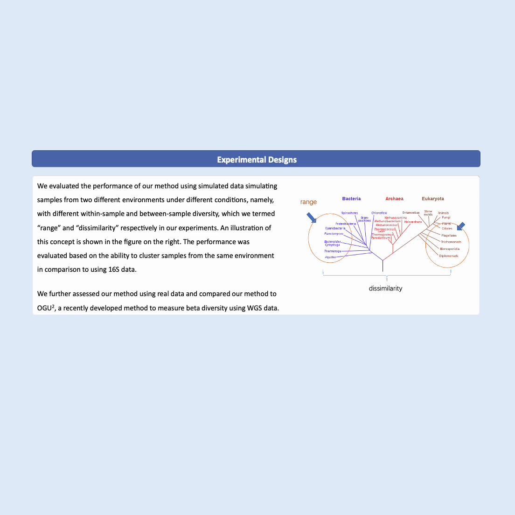The performance of both WGS UniFrac and 16S UniFrac was evaluated based on the ability to cluster samples by environments. We further evaluated WGS UniFrac using real-world whole genome shotgun data and also compared our method to the OGU method, which is a recently developed method that measures beta diversity using WGS data.